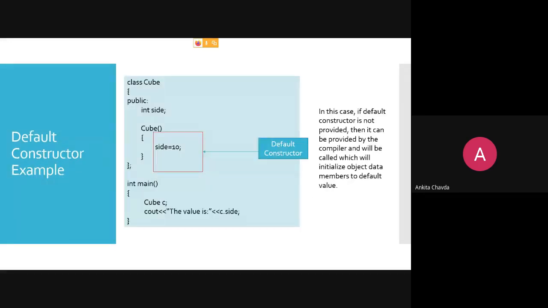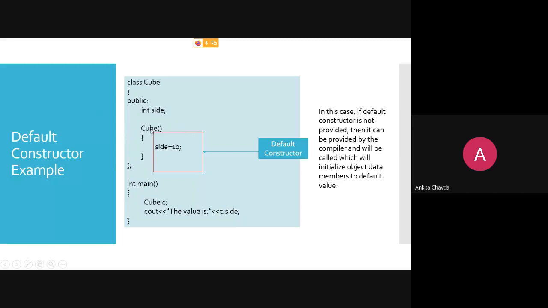Now here, a default constructor example. Here I have taken one class Cube. In that I have taken my variable as public because I directly want to print that from int main. Cube is what? My constructor. How will you identify it? How will you get to know that what you have written is a constructor? So you need to check first that a constructor will not have any return type.